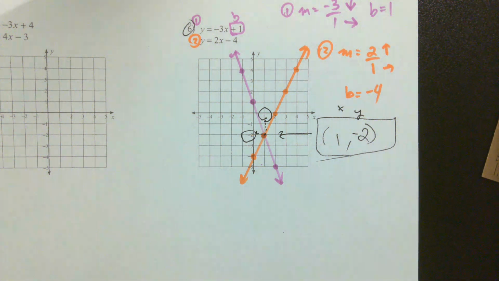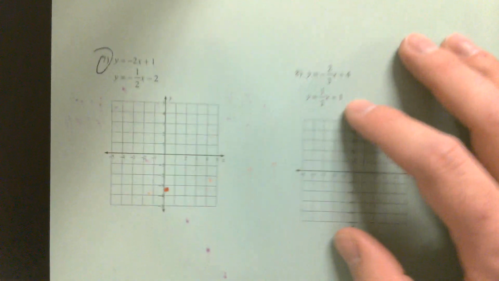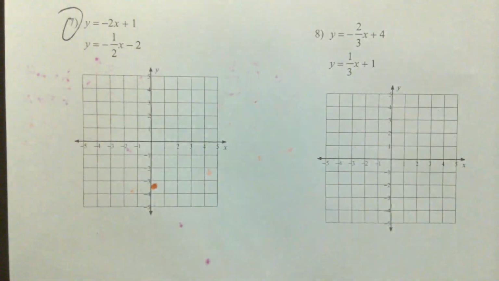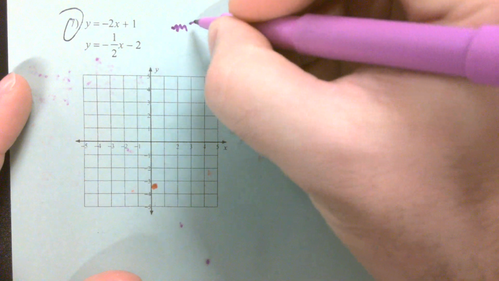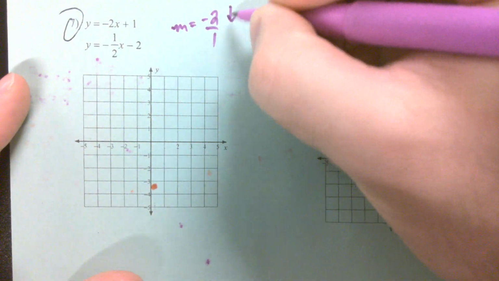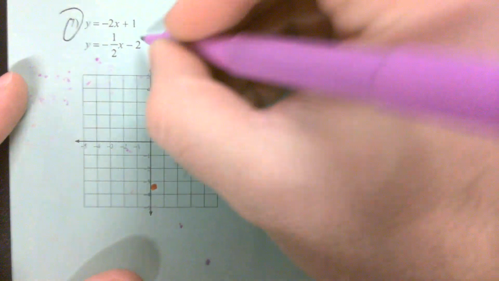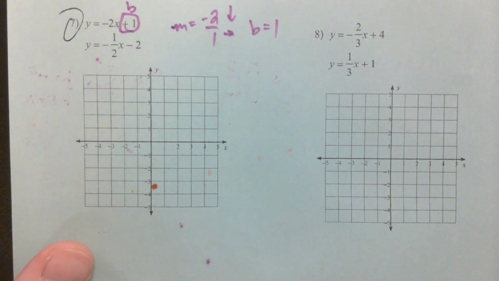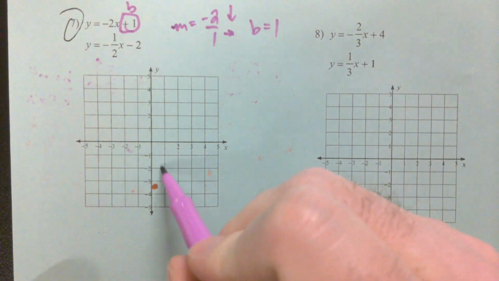Perfect. Let's go down to 7. Number 7, got another non-fractional slope to start out. So we're going to put that over 1. I'm going to go down and right and begin at +1. The more we do this, the more practice we get, the easier it's going to be for us to graph these lines super quick.